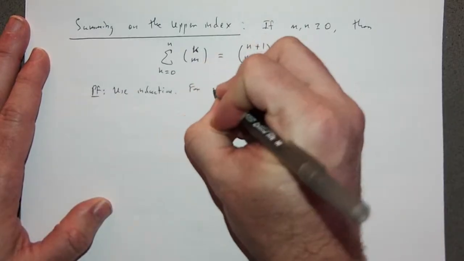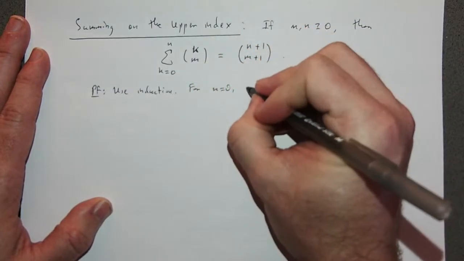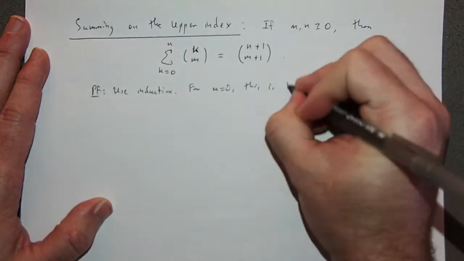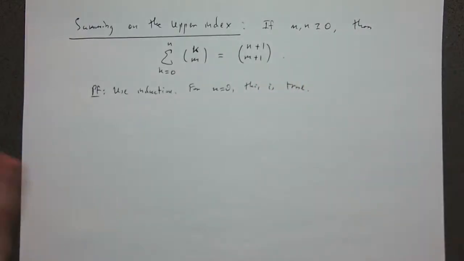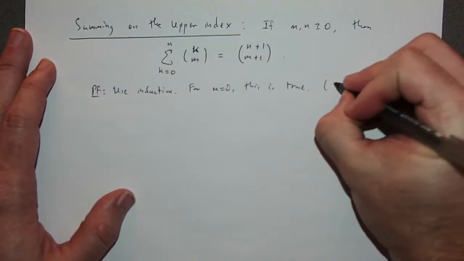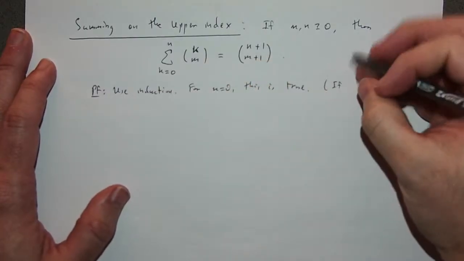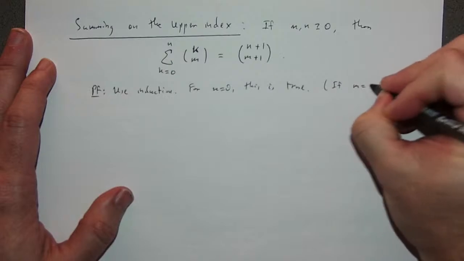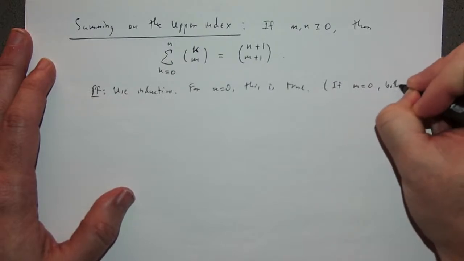For n equals 0, this is true. Again, both sides are equal to 1 if m is equal to 0.